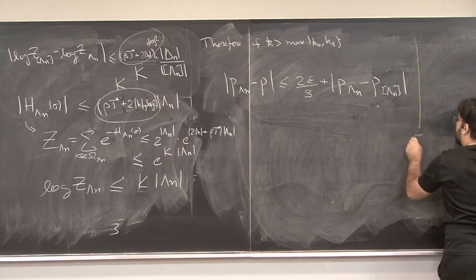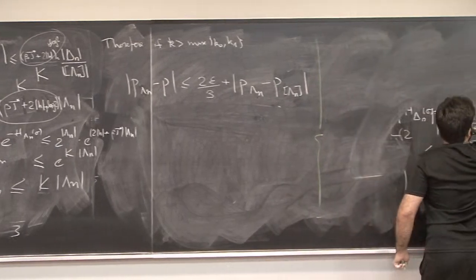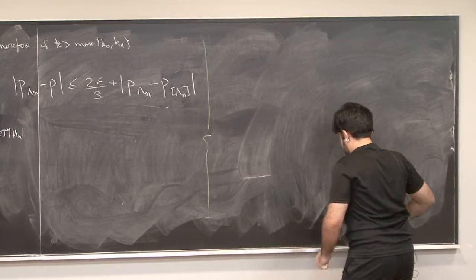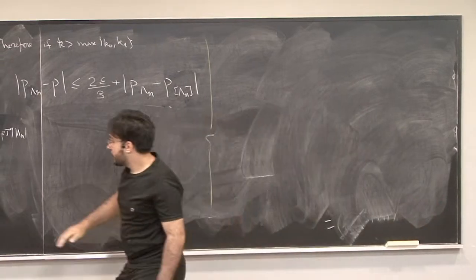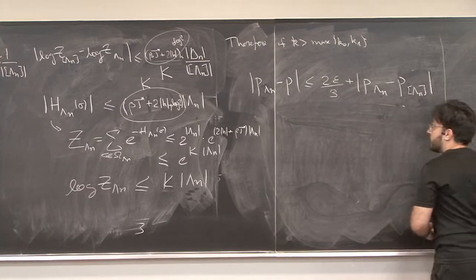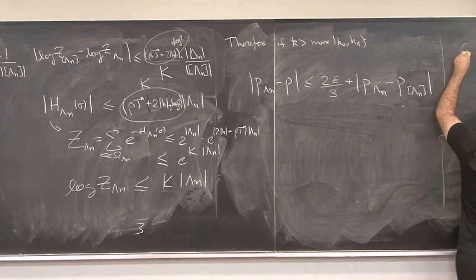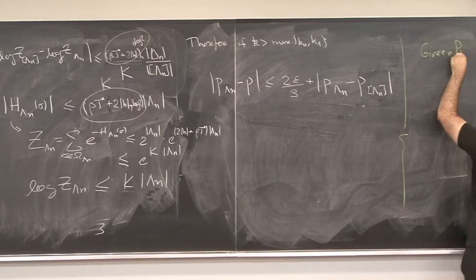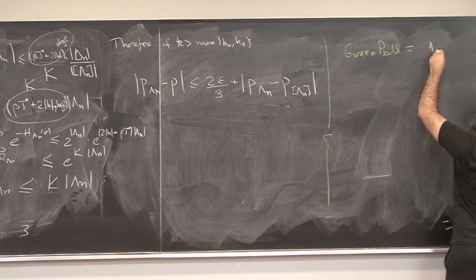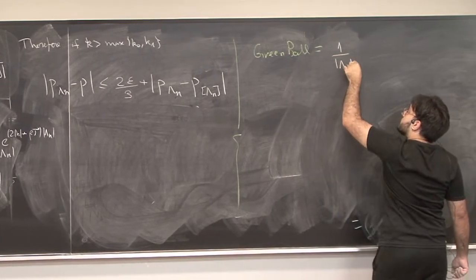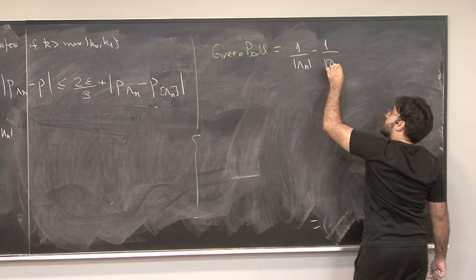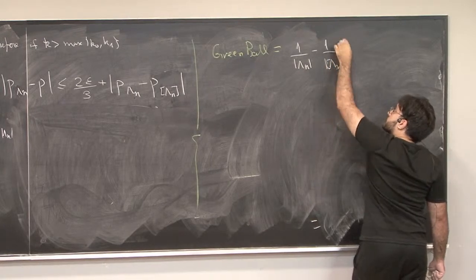No, I will let this part finish the proposition. Okay, so the green part, the green ball over there, is equal to 1 over lambda n minus 1 over the size of the cover, right?